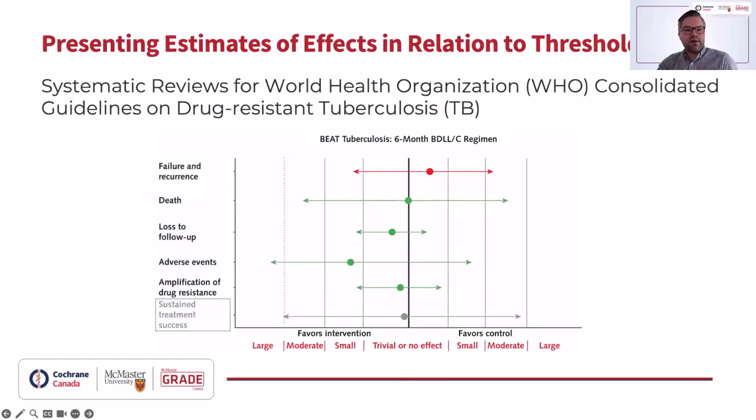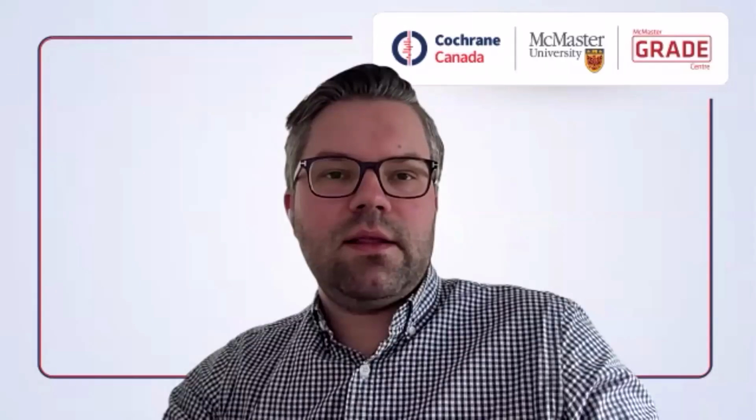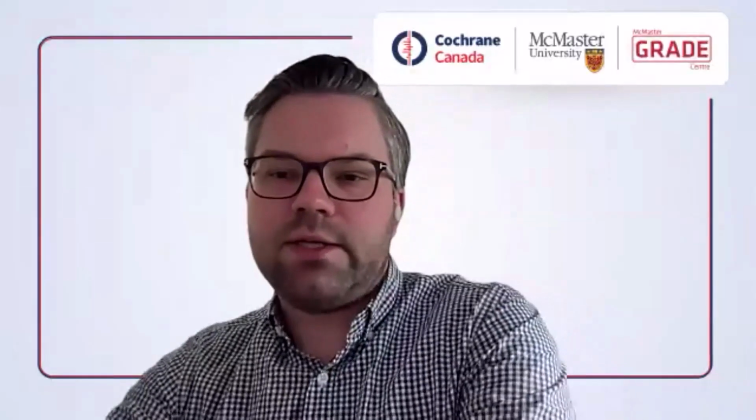But the actual value set as an absolute effect for those thresholds is going to be different between outcomes based on the calculations off of the utility values or direct suggestions from the decision makers. Hope that answered that question.